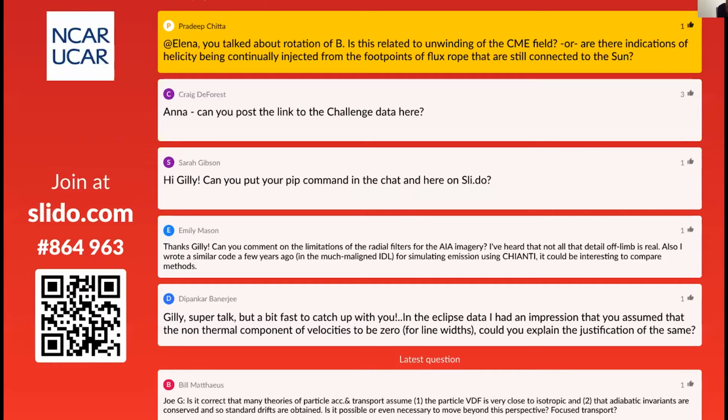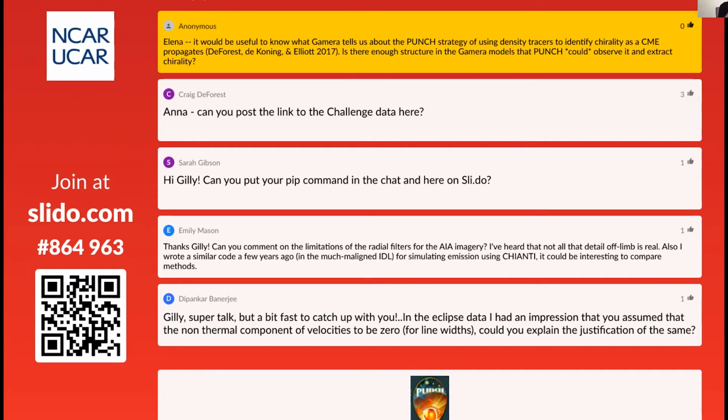When I said rotation, I meant the time evolution of different components of the magnetic field as you observe them at 1 AU when the CME passes by the spacecraft. By rotation, I meant that, for example, the BZ component changes from being positive to negative, and the X component also changes sign.